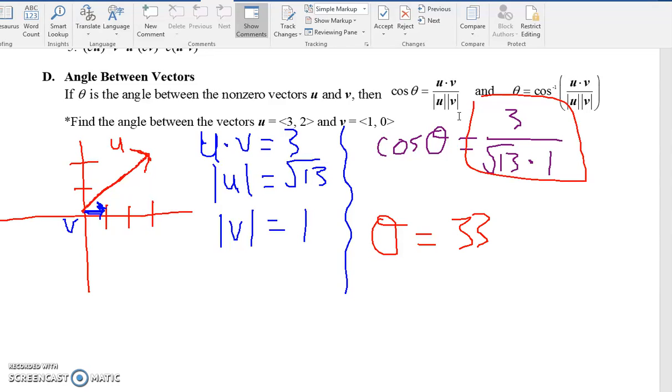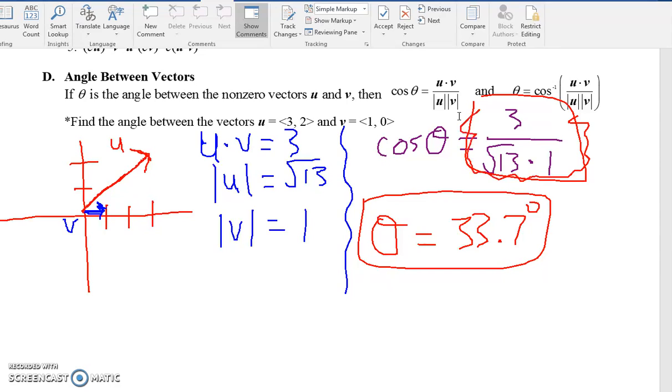I don't have a calculator with me right now, and I should probably be a little more specific than 33.7. I probably should add another decimal or two to my answer, but this is going to be my final answer. This was just circled to show you what I was talking about there.